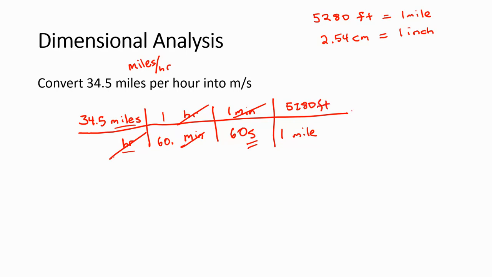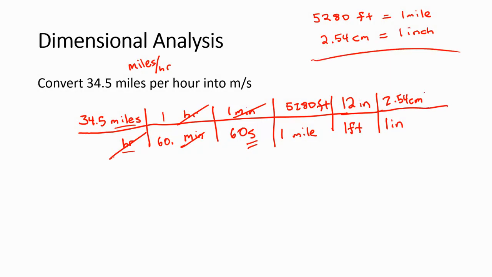And even though I didn't give you the conversion, I think most of you would know that in 1 foot, there are 12 inches. And then I could say in 1 inch, there are 2.54 centimeters. That was the conversion that I gave you before.